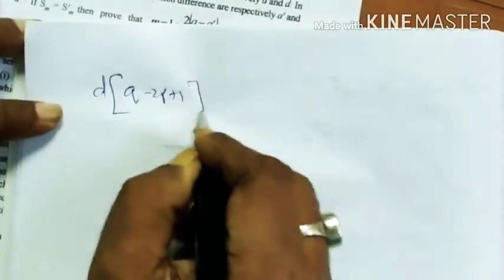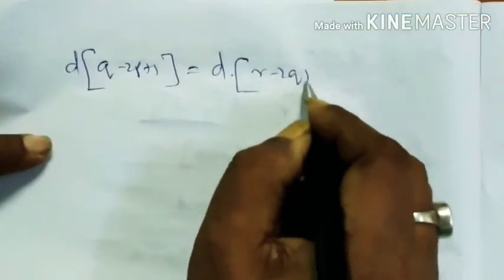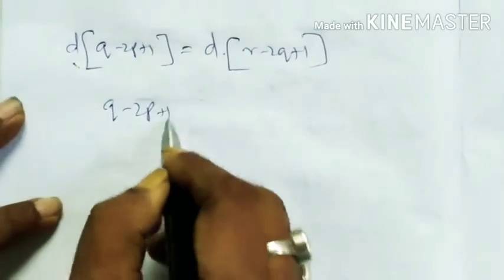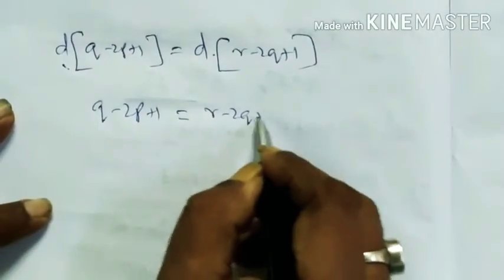From equation 1 and equation 2, we get d times q minus 2p plus 1 is equal to d times r minus 2q plus 1. This d and d cancels out. Q minus 2p plus 1 is equal to r minus 2q plus 1.